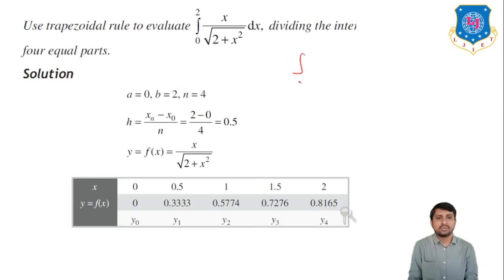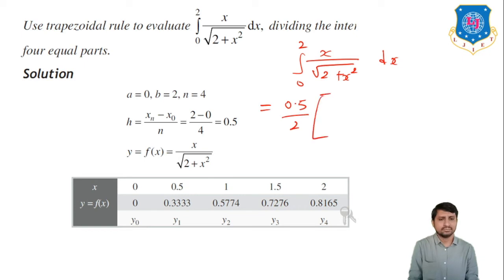Integration from 0 to 2 of x upon square root of 2 plus x square dx is equal to h by 2, that is 0.5 by 2, times y0 plus yn. Y0 is the first value, yn is the last value. So 0 plus 0.8165 plus 2 into all the three values in between.